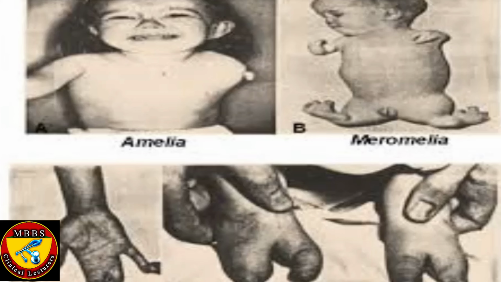Meromelia is a condition where the limb is present, but only a little part of the limb is present. The complete limb is not present. There are several factors contributing to these defects. There may be environmental agents, they may be genetic, or they may be both.